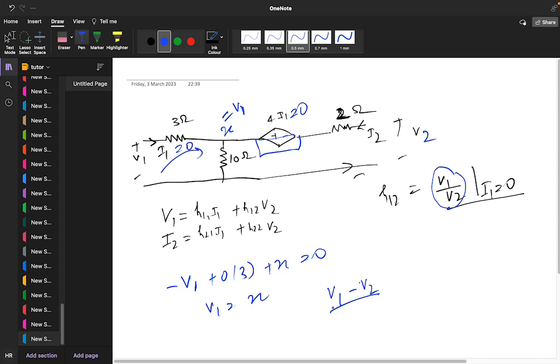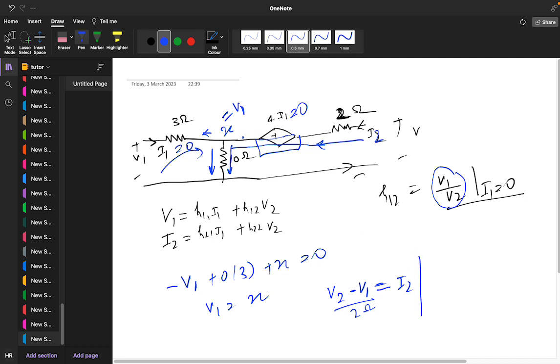Wait, this current is moving from this direction. Okay, so V2 minus V1 upon 2 ohm is nothing but I2. And the same current will flow in this, because this is 0, so the same current will flow in this.